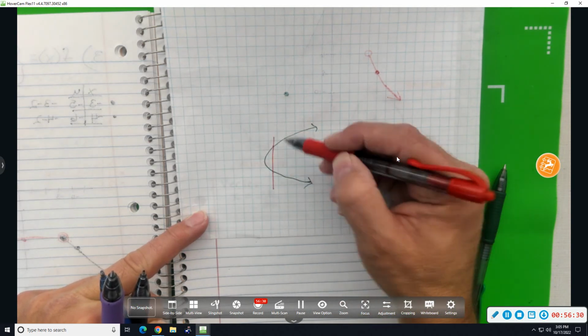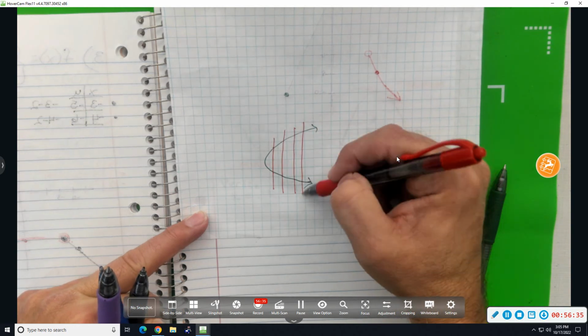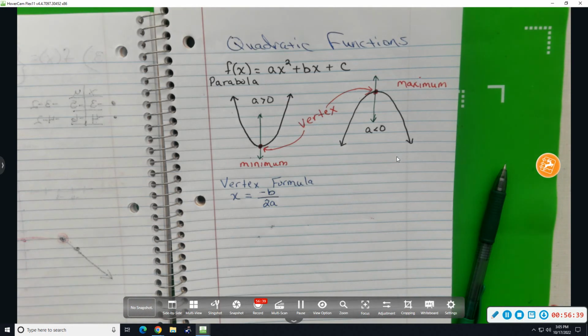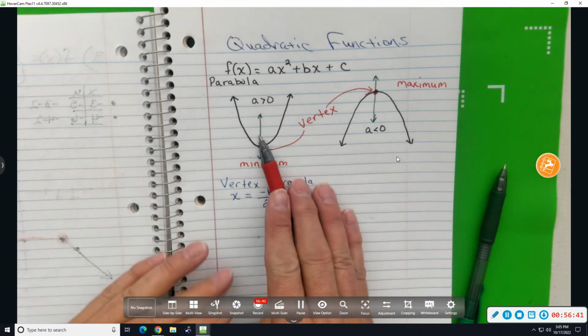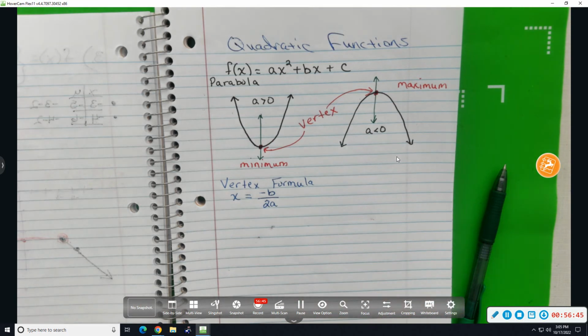Well, vertical lines intersect it more than once. So since we'll be looking at functions the rest of the semester, we're only looking at parabolas that open up or down. No left or right, because if they're opening left or right, it's not a function.